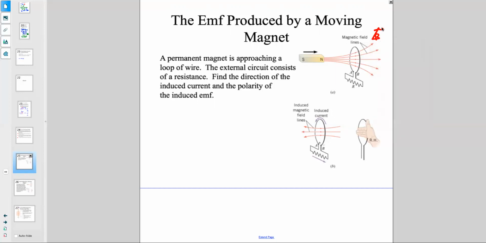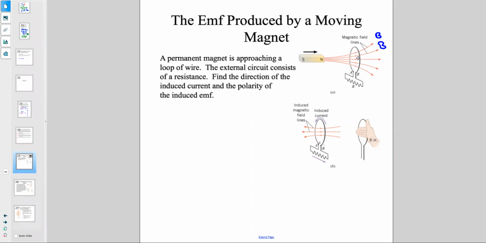Okay, I fixed it. Now, this bar magnet is getting close to this loop. So these B field lines are getting stronger because I'm getting closer.